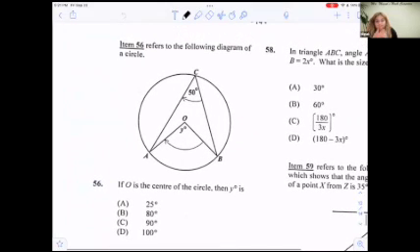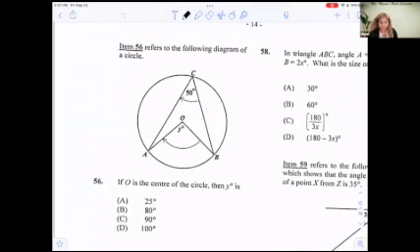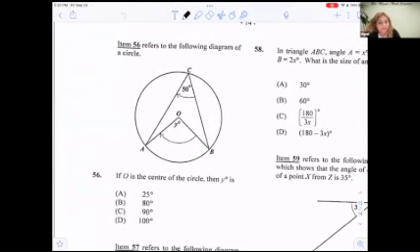Look, isn't this circle theorems? Question 56, isn't that a circle theorem? Yes, it is. When we look for the arrowhead, what is the rule with the arrowhead? When the larger segment is doubled.